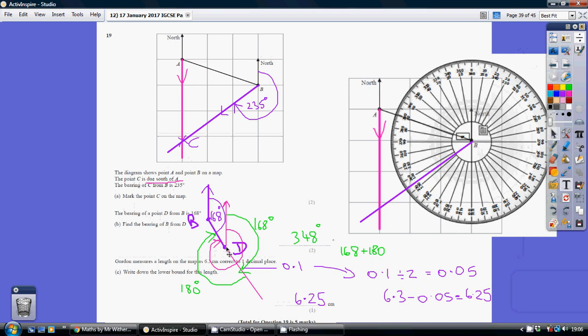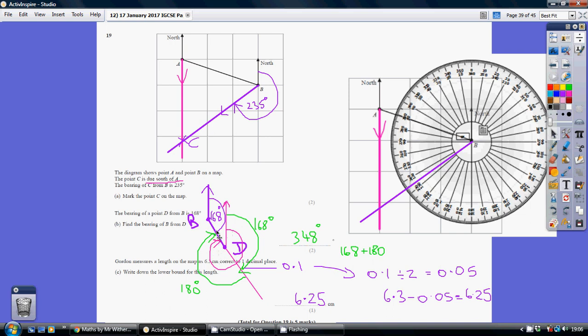Well, put in the north, the vertical, and we're going to have to measure this angle right round here. So again, clockwise from north.